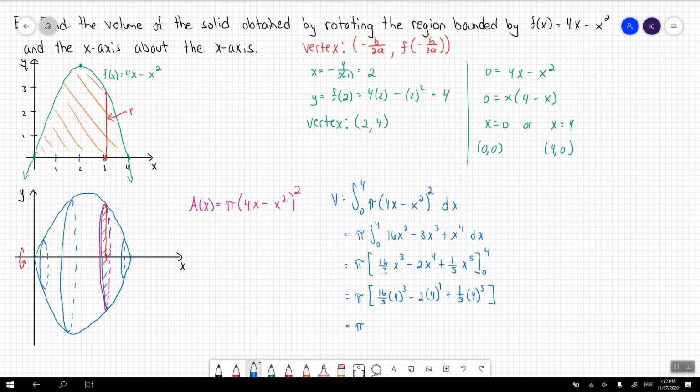So 4 to the power of 3 should get us 64. So 64 times 16 is going to get us 1024, now divided by 3. I have 4 to the power of 4, which gets us 256, and that's going to be multiplying 2, which is 512. But then I have a denominator of 3, so I'll come back to that. So this is minus 512, plus 4 to the power of 5 gets us 1024, and that's going to be divided by 5.